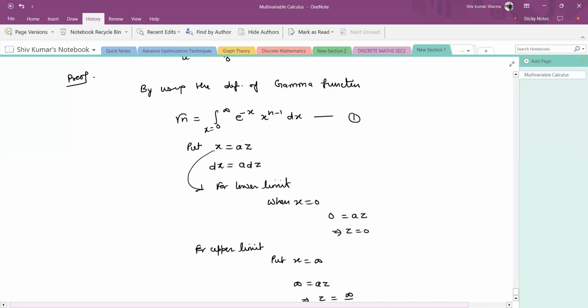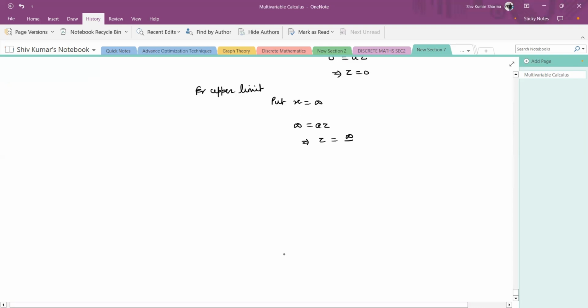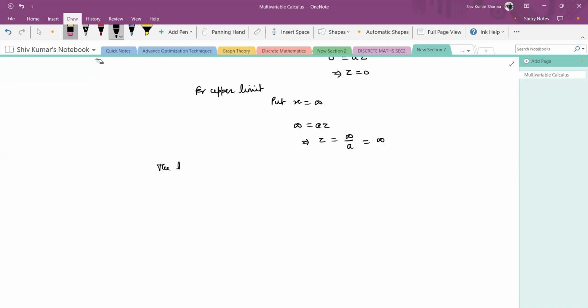When we divide infinity by a number, we get infinity. The limits remain unchanged, so the new limits are z equal to 0 to z equal to infinity.